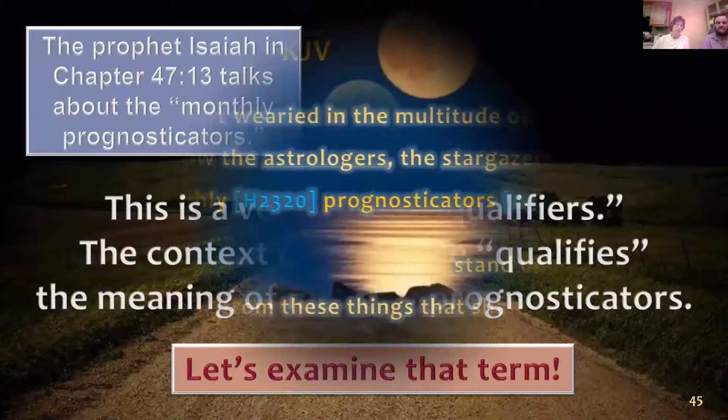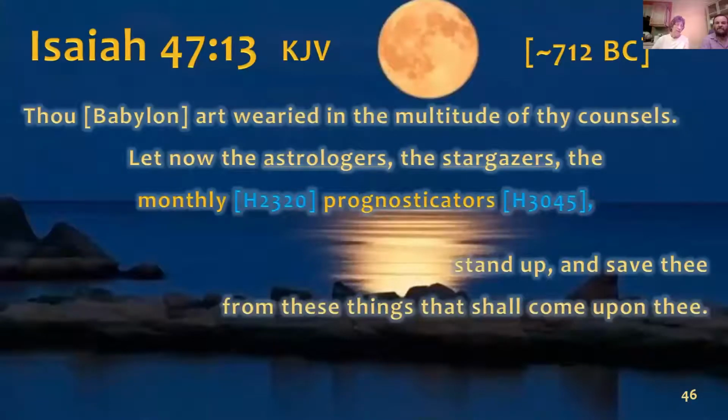Let's look at the verse first. It says, thou, and this is talking about Babylon, you are wearied in the multitude of thy counsels. Listen to the context. Let now the astrologers, the stargazers, the monthly prognosticators stand up and save thee from these things that shall come upon thee.